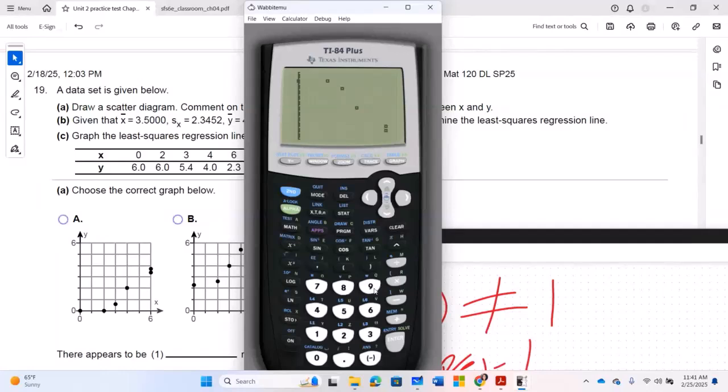From the scatter plot, there's a high negative linear relationship between x and y. Remember that whenever the r is negative, also the slope will be negative. So slope will be negative, r will be negative, because that's a high negative linear relationship.